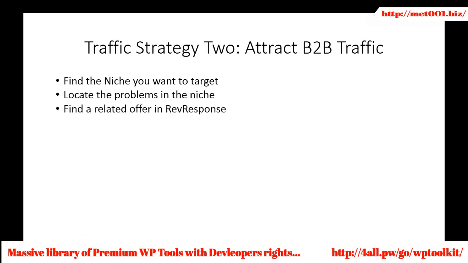Now, once you've done these 2 things, and these 2 things must be done first, you don't want to go and look for the offer and start backwards, because you may or may not be able to attract the traffic. You may or may not be able to want to build a home base in a niche. So you want to start with 1 and 2 before you find that related offer inside of RevResponse.